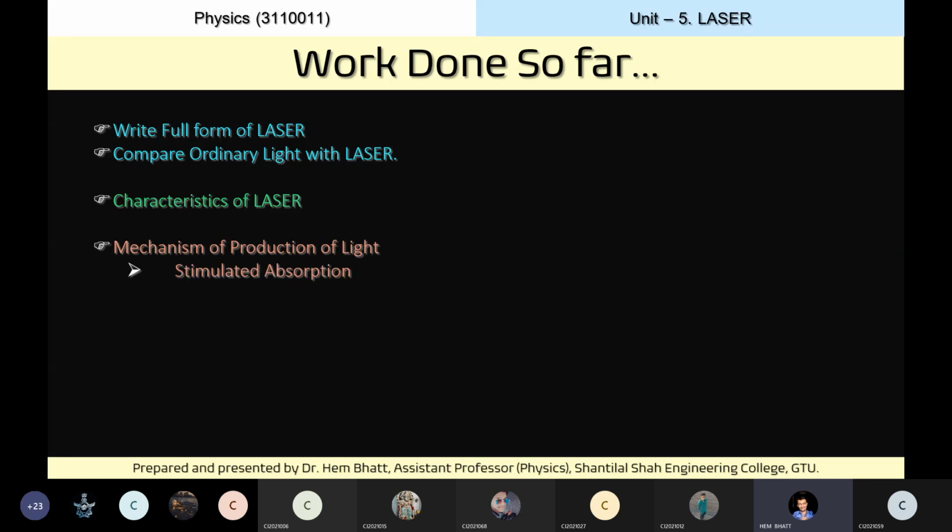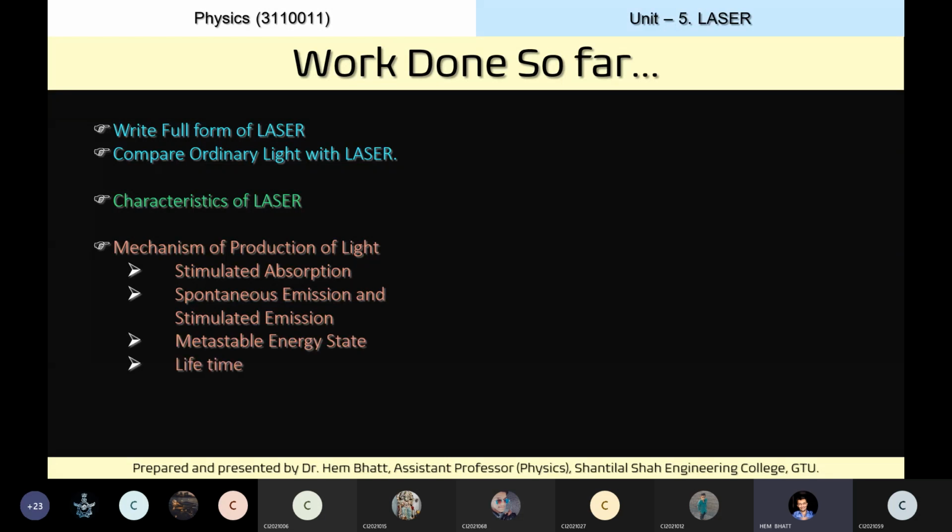So there are several terms like stimulated absorption, spontaneous emission, stimulated emission, then metastable energy state, then lifetime, then comparison of spontaneous and stimulated emission. This is also completed.